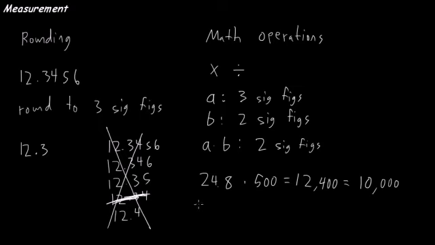Now let's do another example, which is example 3 in the notes with eggs. So I have 12 eggs. Each egg has a mass of 52.3 grams. So the question is, how much does the entire dozen weigh? Well, I multiply 12 by 52.3, and you should get an answer something like 628.